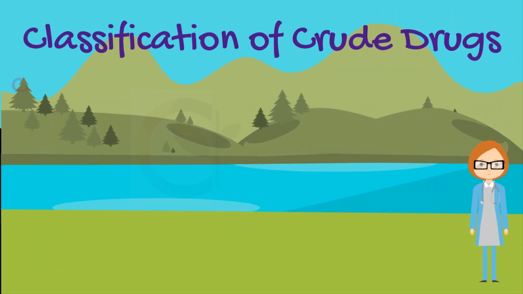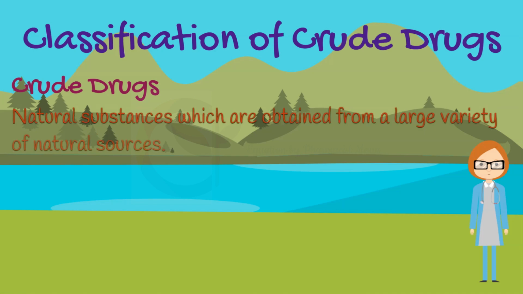Next up is classification of crude drugs. Let's begin by understanding what crude drugs are. Crude drugs are natural substances which are obtained from a large variety of natural sources.